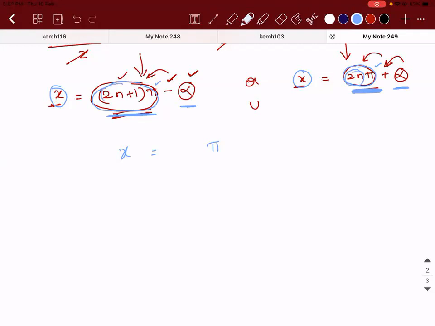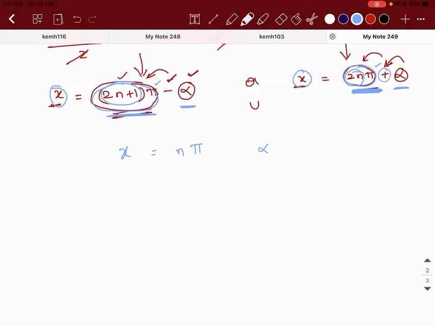In the first case the coefficient is an odd number. When I combine the even integers and odd integers, what will I get? The integer set, that is n. That is the reason I wrote n there. And alpha, I'm leaving it as it is.